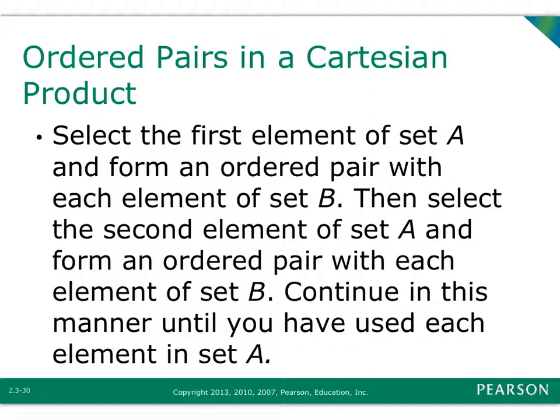Select the first element of set A and form an ordered pair with each element of set B. Then select the second element of set A and form an ordered pair with each element of set B. And continue in this manner until you've used each element in set A.